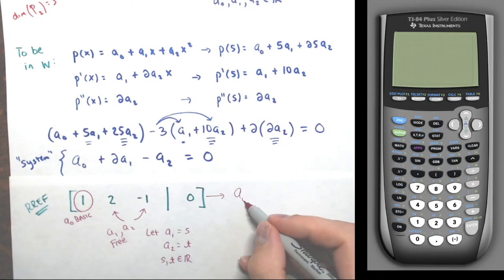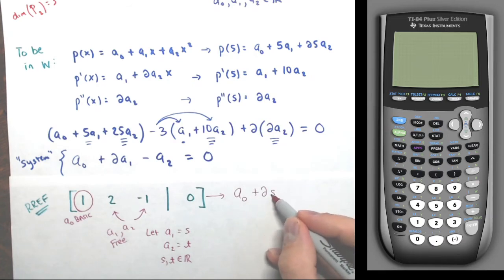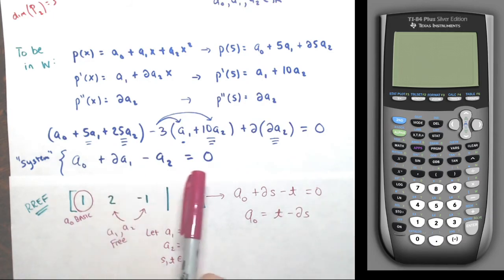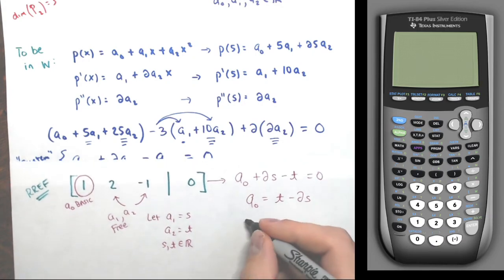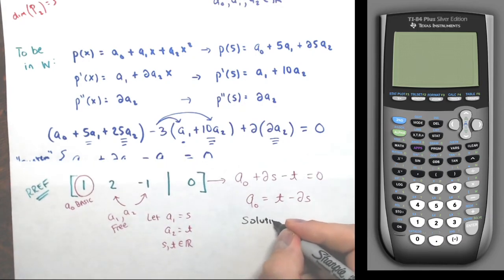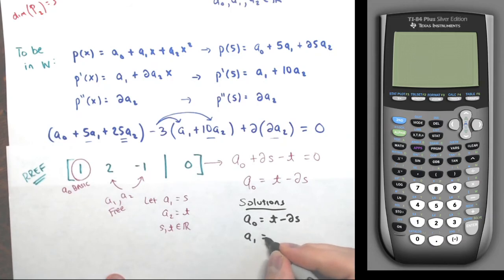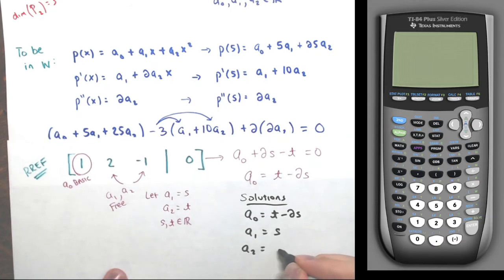So I have a0 plus 2s minus t equals 0, and we're getting a0, the constant term, must be t minus 2s, or negative 2s plus t, just subtracting 2s, adding t. So the solutions of this equation, this system with one equation, are a0 equals, again, t minus 2s, a1 equals s, a2 equals t.